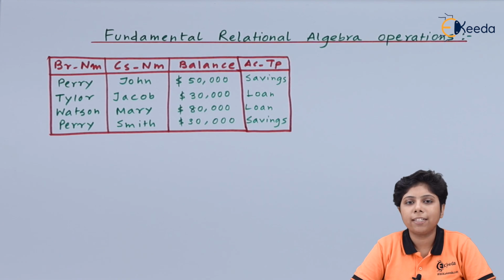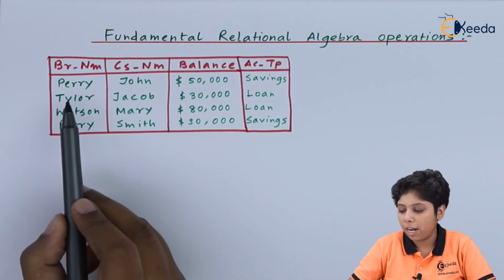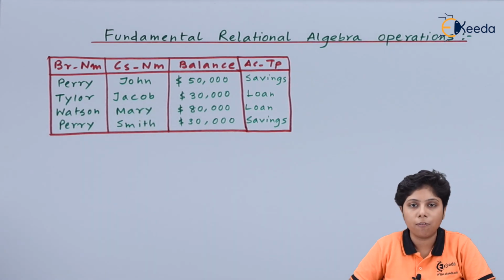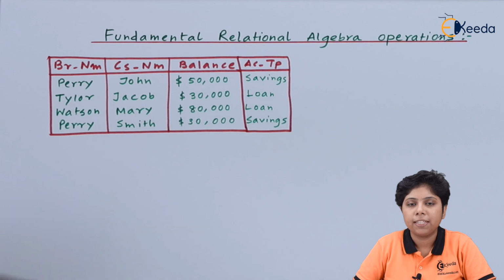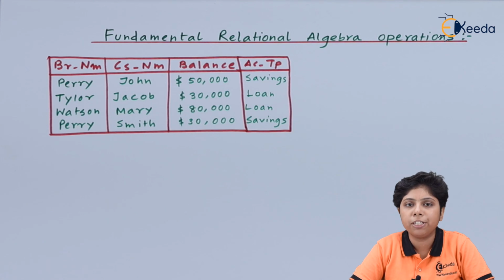Now, let's look at this relation. This relation consists of the branch name, the customer name of that bank branch, their balance, and the account type. The account type may be savings or loan. Now we will perform the select operation on this relation to first fetch whichever customers have their account in the branch Teller.